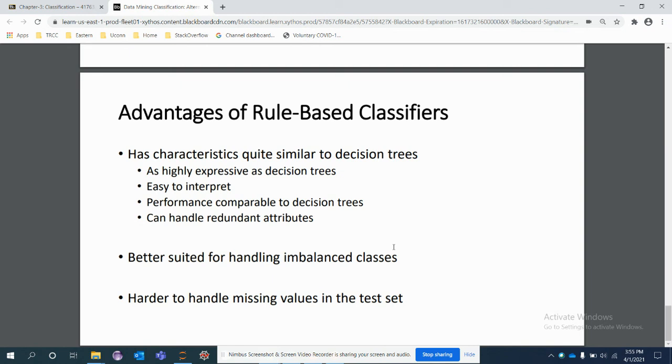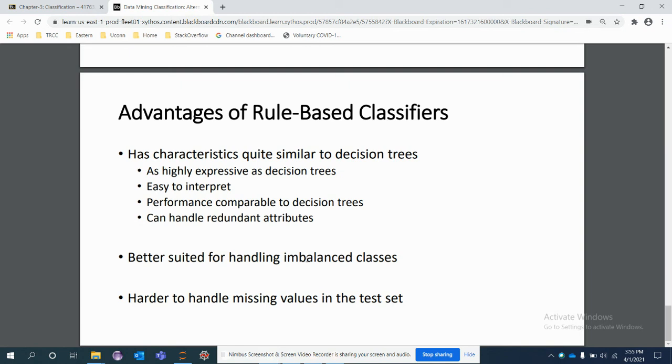So mostly the idea is quite similar. It is easy to interpret and it is as highly expressive and explanatory as the decision tree. Its performance can be considered similar or comparable to the decision tree. And it can also handle redundant or duplicated attributes. So these are some of the advantages of rule-based classifiers.